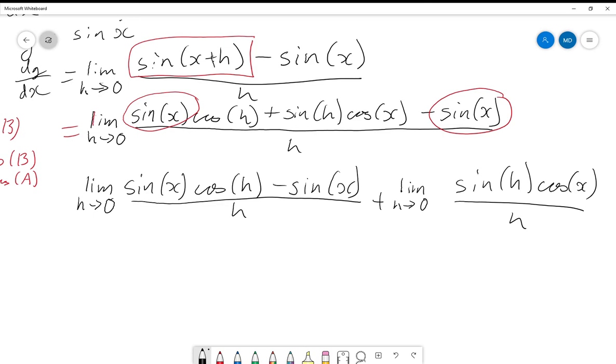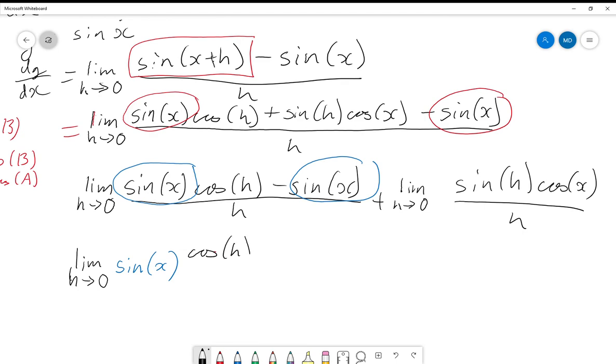Now, there's a little bit of factorising we can do here. There's a sine x here and a sine x here. And equally, that will leave us with just h's there. So we'll do the same here. And I'm going to write this as the limit as h tends to 0 of sine of x times cosine h minus 1 all over h.